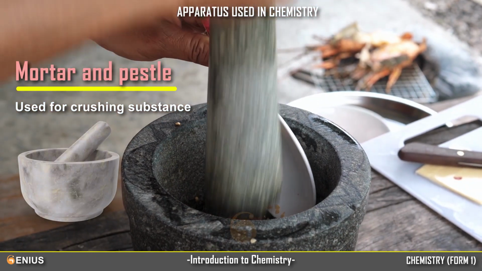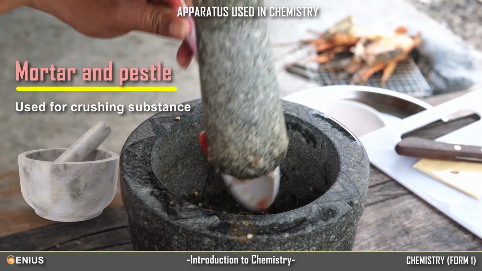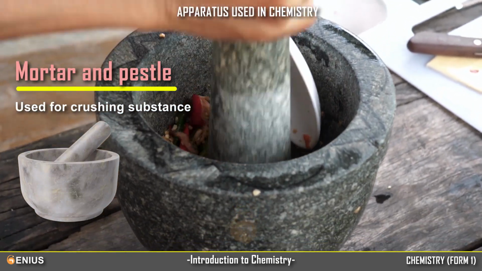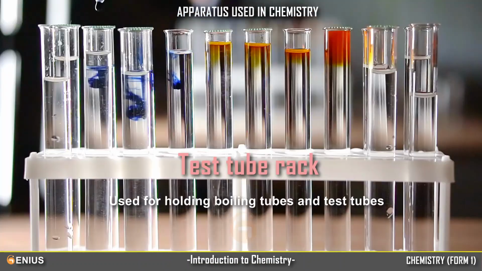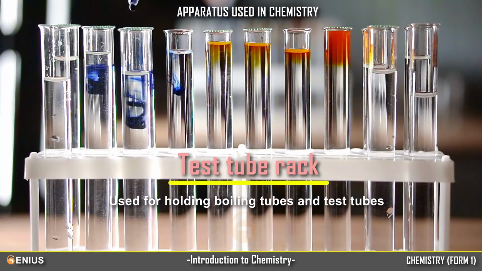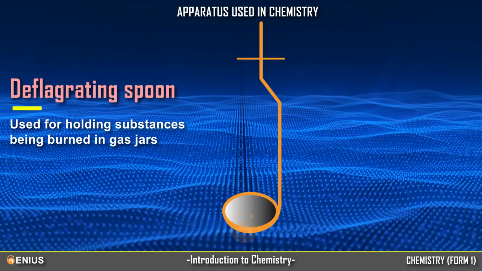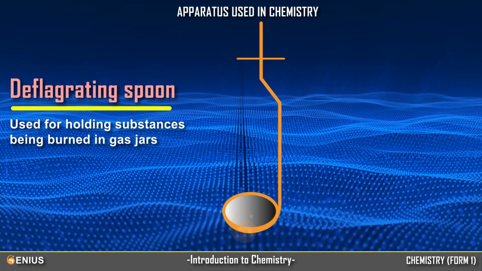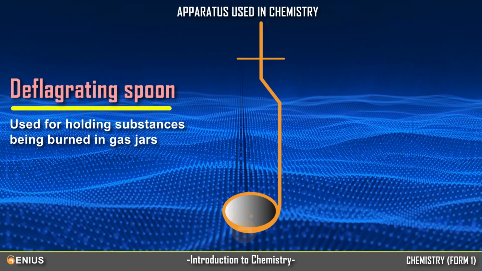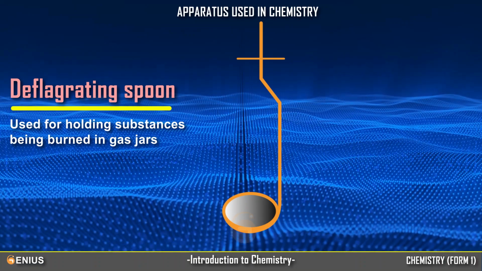Mortar and pestle. Used for crushing substance. Test tube rack. Used for holding boiling tubes and test tubes. Deflagrating spoon. Used for holding substances being burned in gas jars.